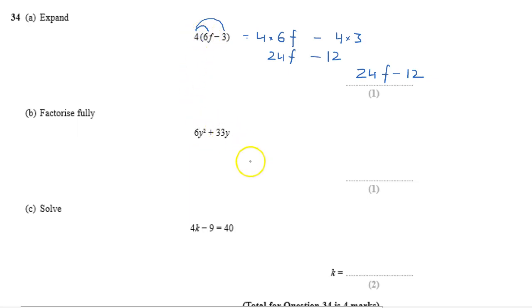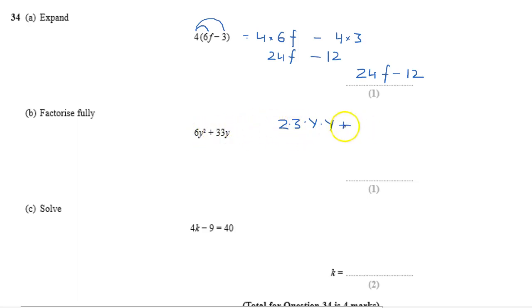Factorizing means add the brackets. For example, the next question is, now factorize. So you have to find out what is common. So 6y square. 6 can be written as 2 multiply 3. And y square can be written as, I am putting a dot for multiplication, y multiply y. So y multiply y is y square, 3 times 2 is 6, plus 33.